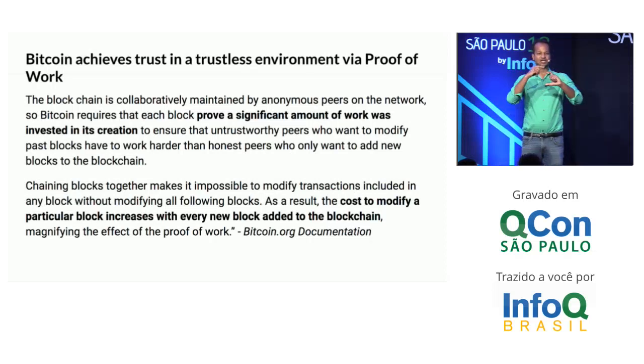And the hash is not a simple hash. It has to look like a particular format: it has to have a few leading zeros in the front. All the other nodes are competing with me in order to create a hash which looks like that format. Once I create this hash, I insert it in the blockchain. And the blockchain itself is, as I said, a linked list.